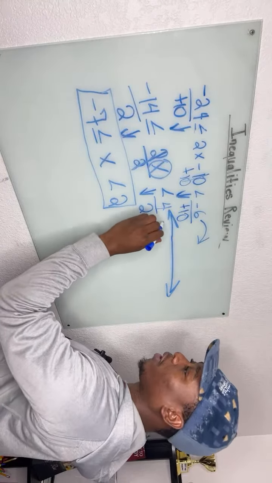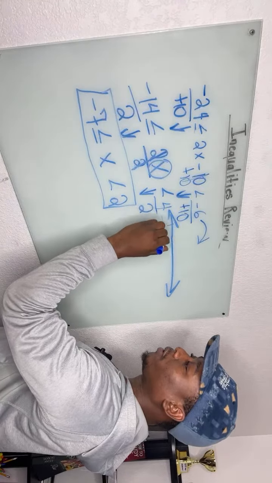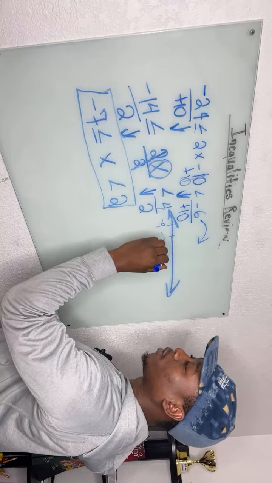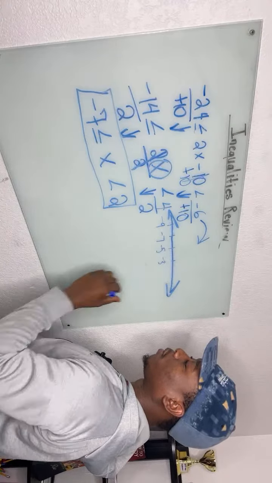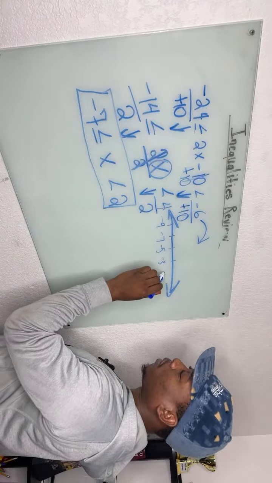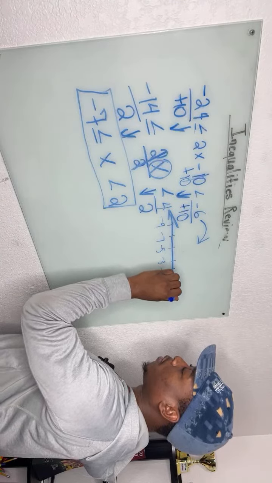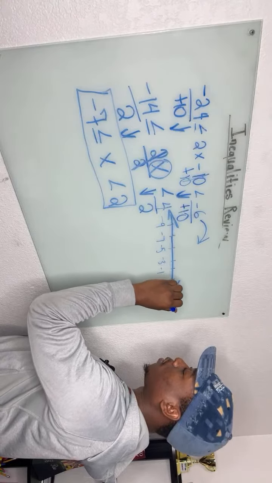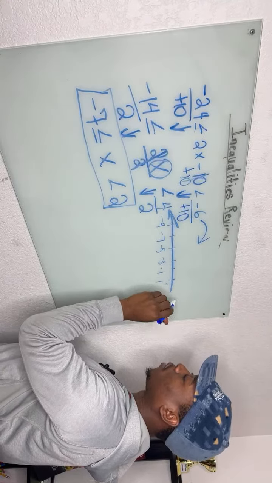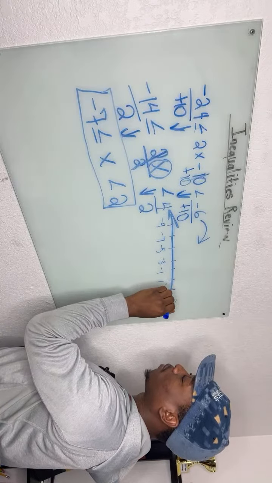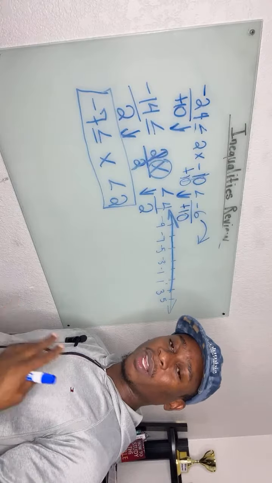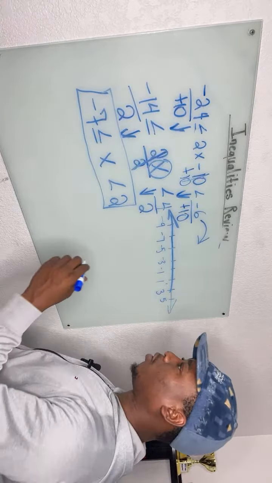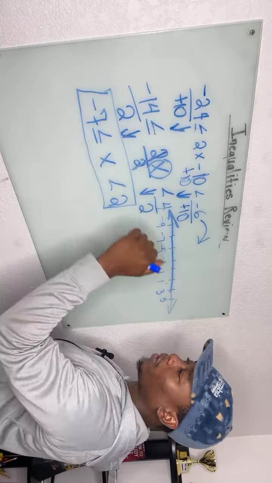All right, so let's graph this. Negative 9. All right, so label my number line by 2, just so we could squeeze this in a little bit more. So we're talking about negative 7.